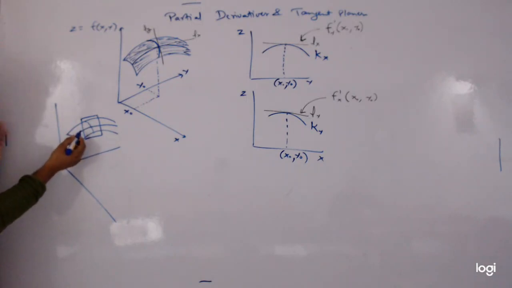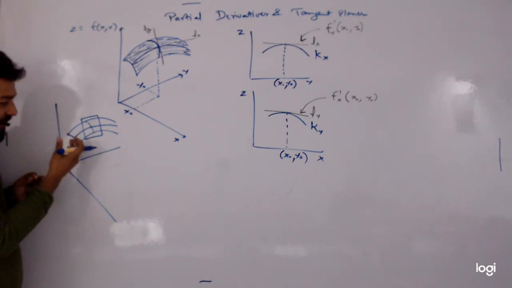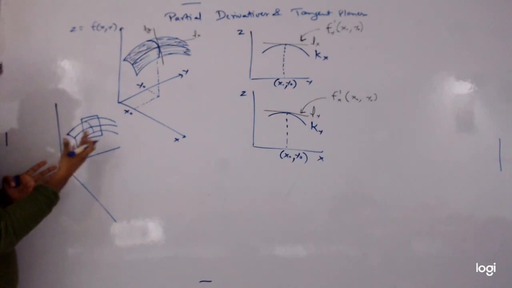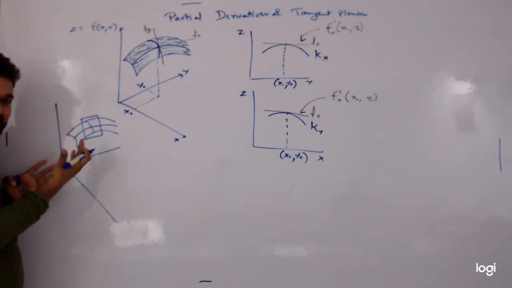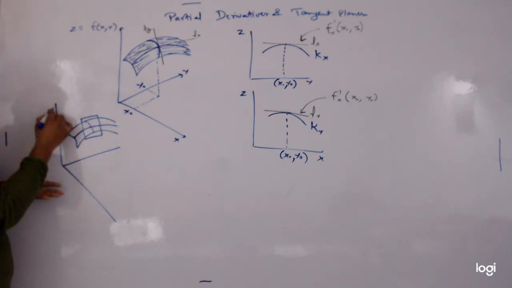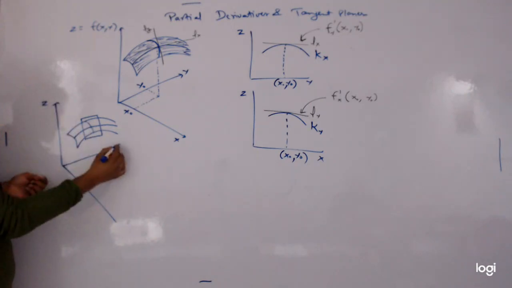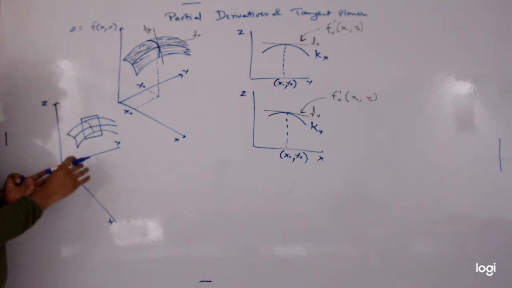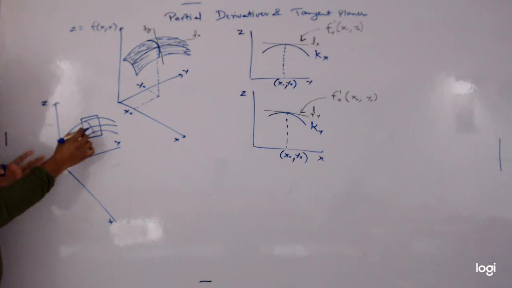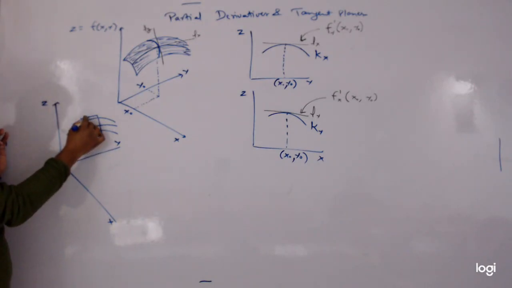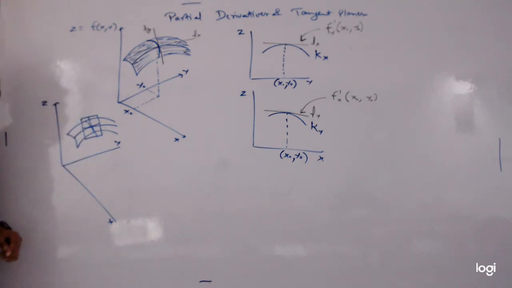Okay, this is not something which is really giving the view in 3D, but again, this is how it is. Z, Y, and X. We're going to attempt to find the equation of this tangent plane.